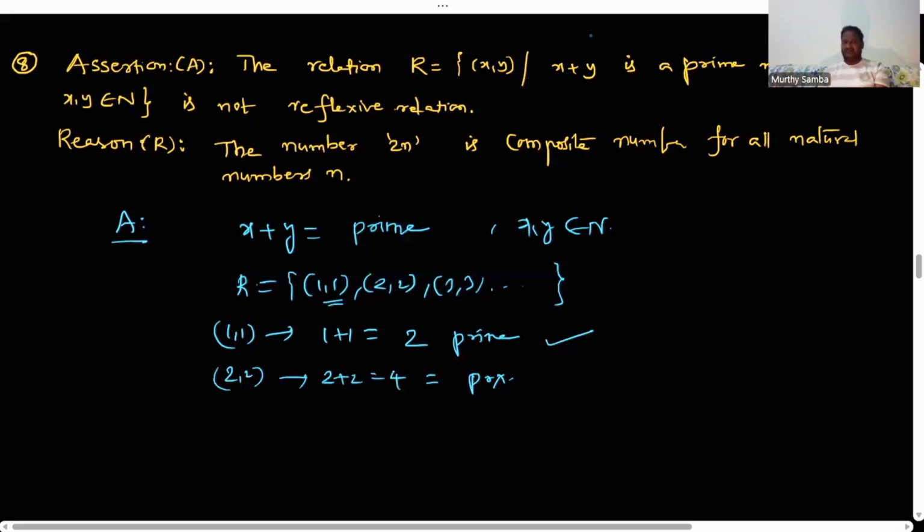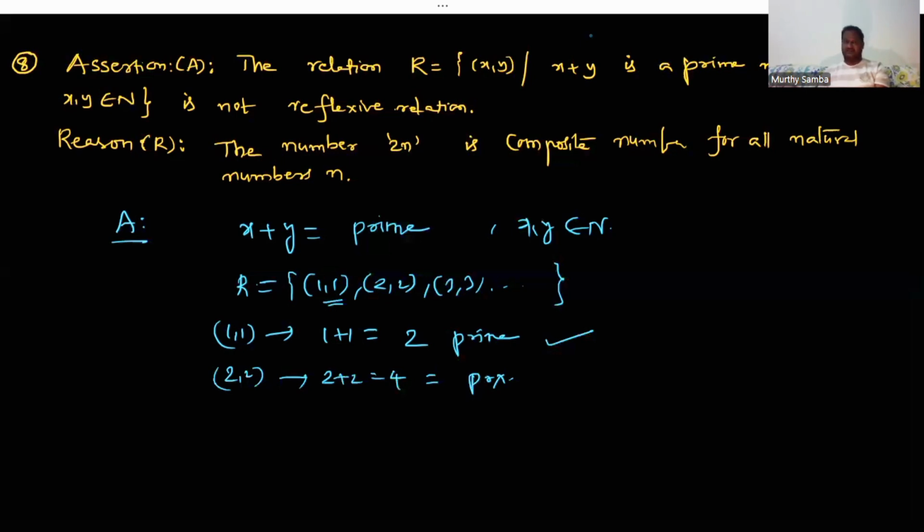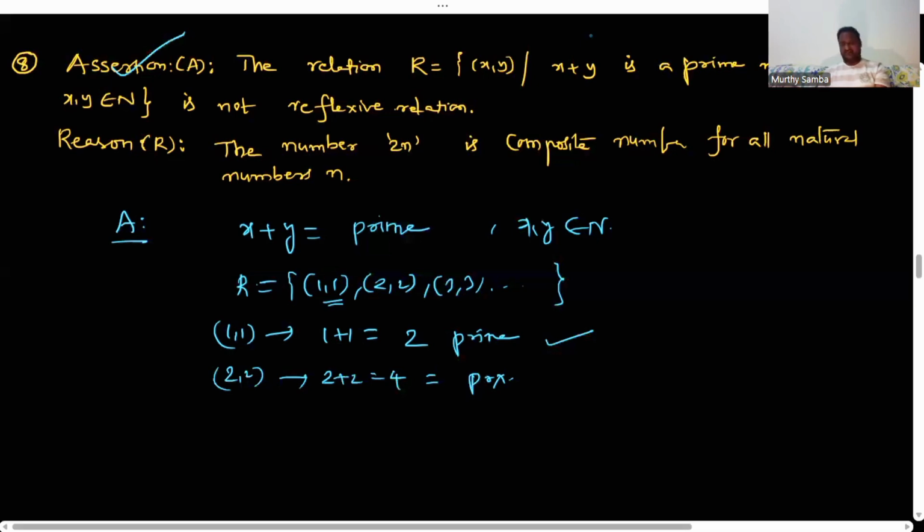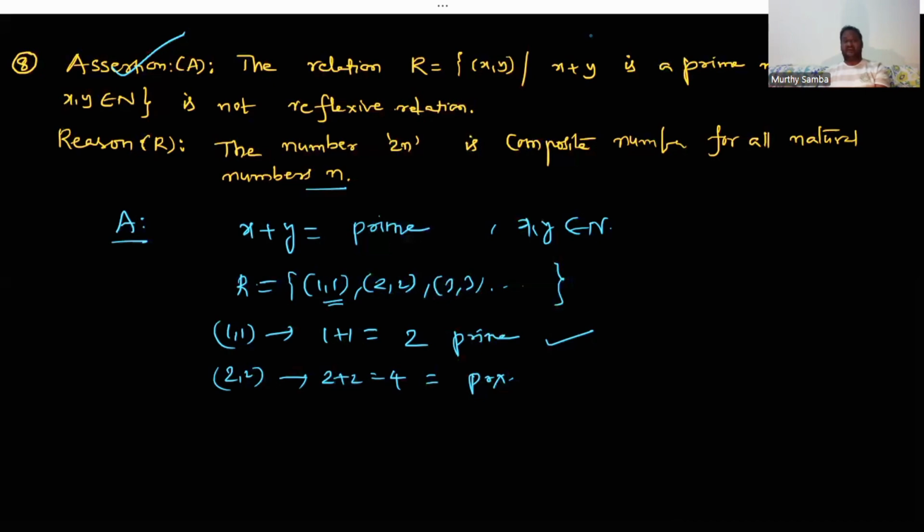Obviously, if you see the element 1 comma 1, it is a prime number. Coming to 2 comma 2, it is not a prime number, right? Since it is not a prime number, therefore it is not a reflexive relation. Therefore, the assertion is correct. Coming to the reason, the number 2n is a composite number for all natural numbers n.